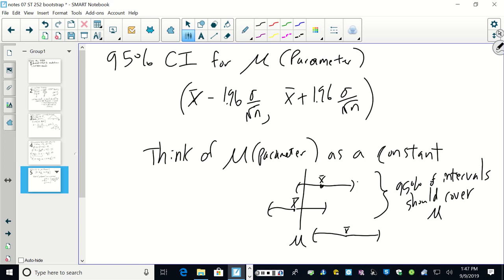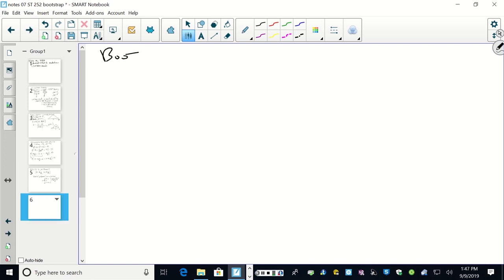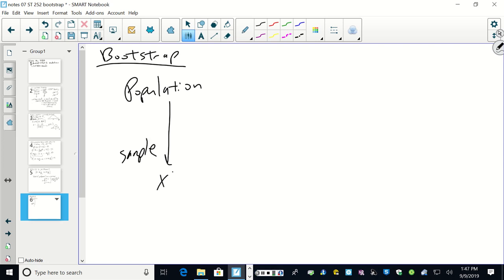So bootstrap, right? Instead of making assumptions about the population, the bootstrap idea: we have our population, and we take a sample, and we're taking X bar. If you could take, say, 1,000 different samples of size n, we could do this a whole bunch of times.